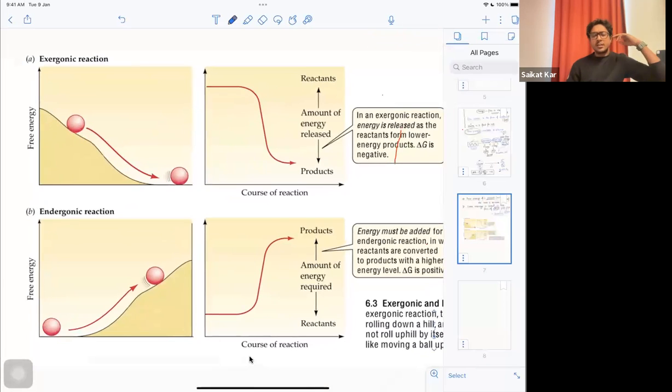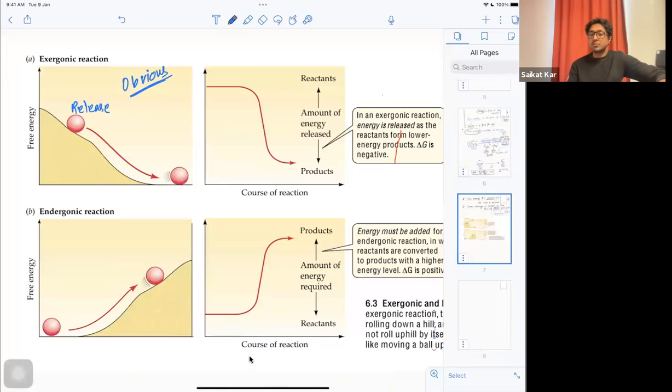So an exergonic reaction can be explained with the help of a ball falling from a hill type area. If you release this ball from a height, obviously the ball will fall down. This is the more obvious kind of reaction.